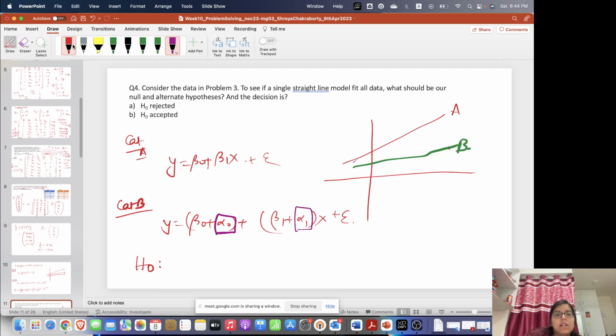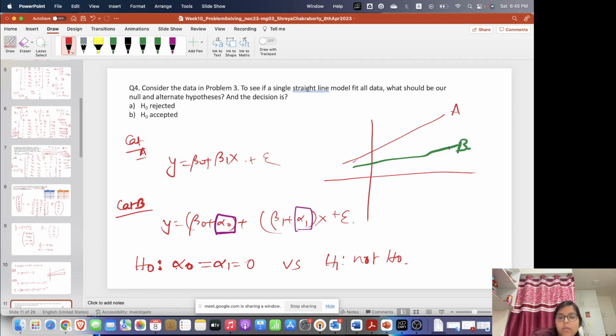If both the terms are set to 0, then we don't need to fit separate regressions. For category A also we would have this equation, for category B also we would have this equation. So the H naught, the model that we want to test, is alpha naught equal to 0 and alpha 1 equal to 0, versus H1, which is not H naught: either is not equal to 0. If both are 0, then there is no difference in regression line between these two categories. So in that case, a single straight line model will fit all data.